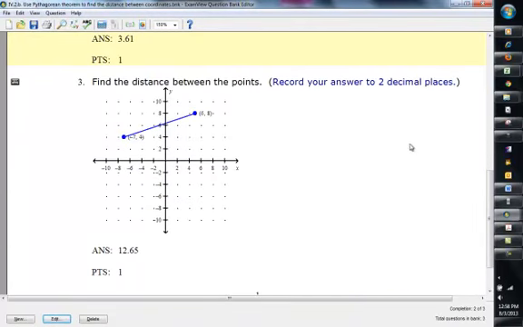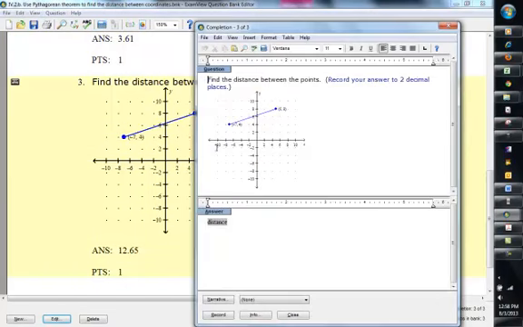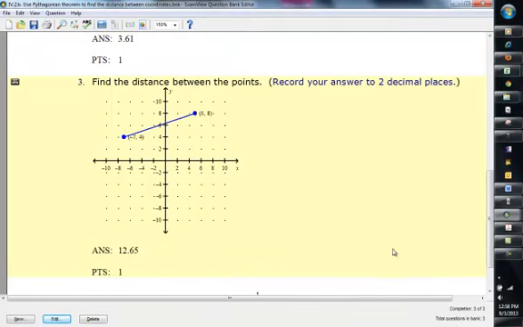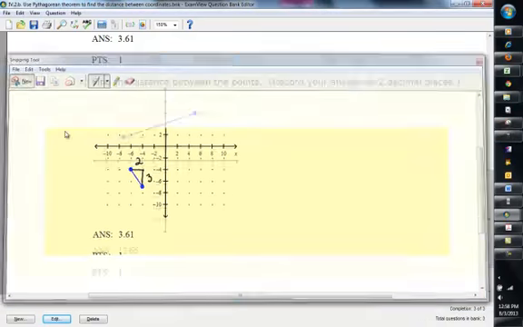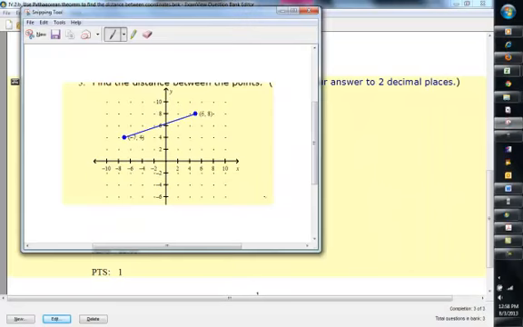Last one, find the distance between these points. Looks like we're going to go forward about 12, because from -7 to 0 is 7, and 5 more makes 12, and then we're going to go up 4.